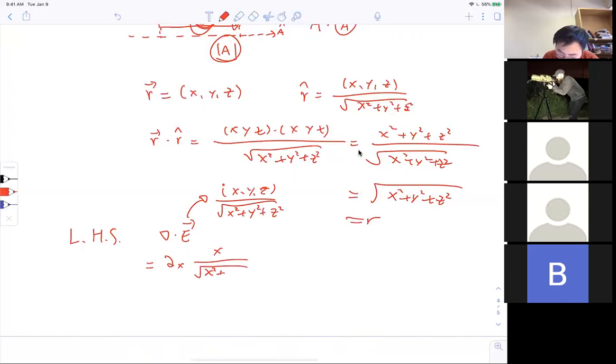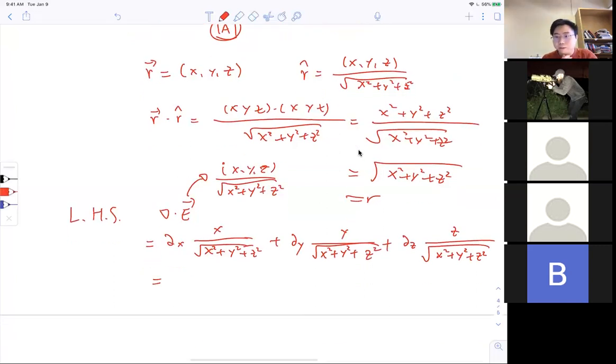I think you can use the definition of del in spherical coordinates, but I didn't remember that and I don't want to look it up on the internet, so I just use this very basic definition, which is also quite straightforward actually. Sometimes symmetry is very important in physics.